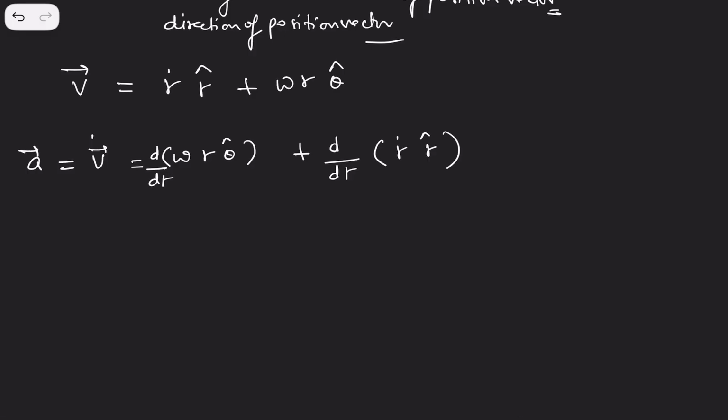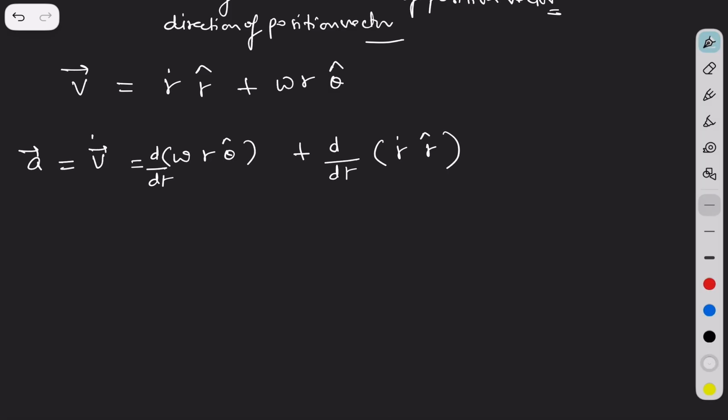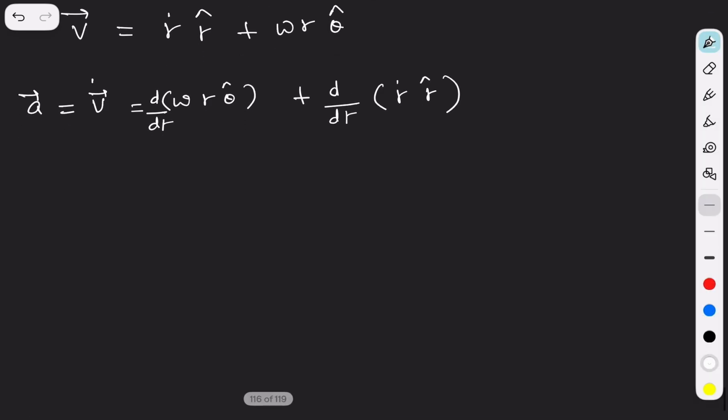The vector a will be equal to omega dot r theta cap plus, you can say this way, omega r dot theta cap plus, see, omega I have differentiated and multiplied with this. Then this thing I am further differentiating.